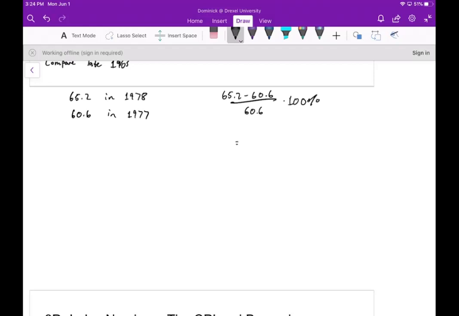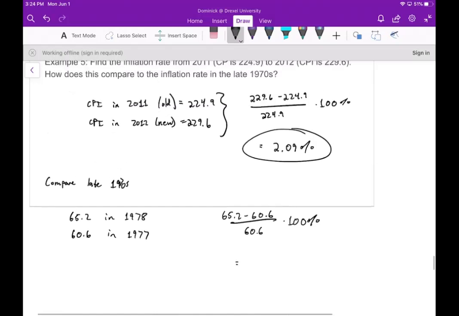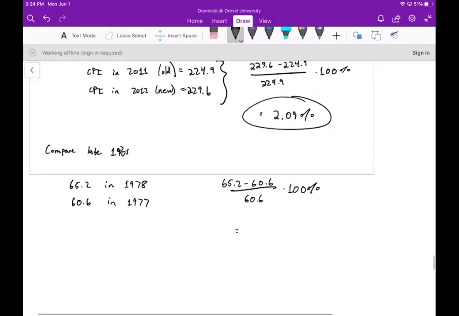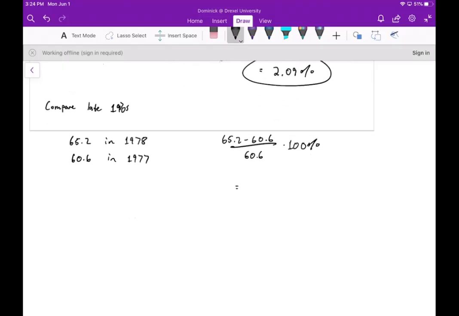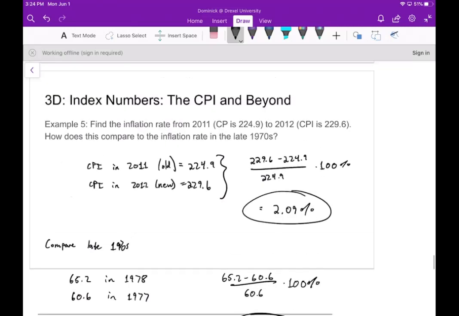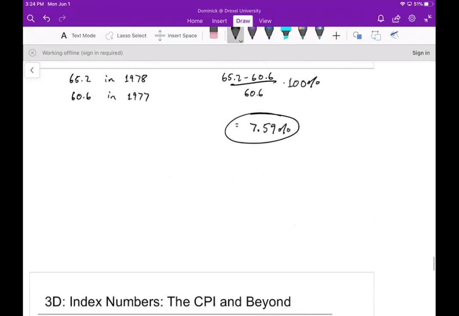The numbers are about 4.5 apart here, similar to 2011, maybe a little bit more in 2011. But relative to 60.6, this is going to be a bigger jump. So we get 7.59%, a much higher rate of inflation in the late 1970s as opposed to 2011 to 2012.